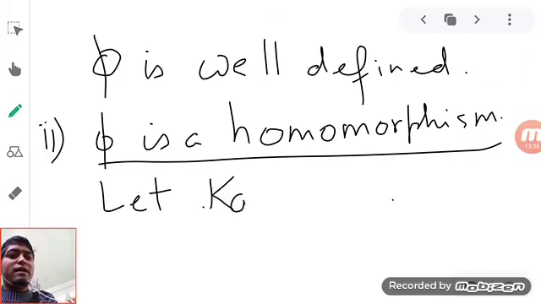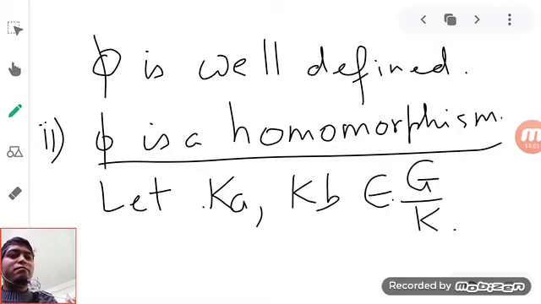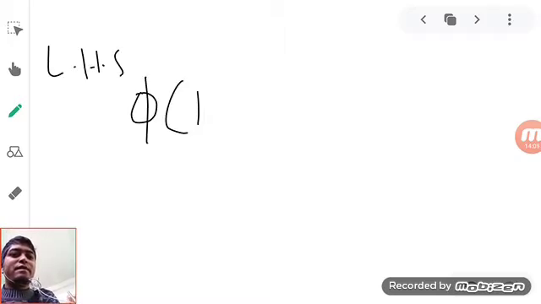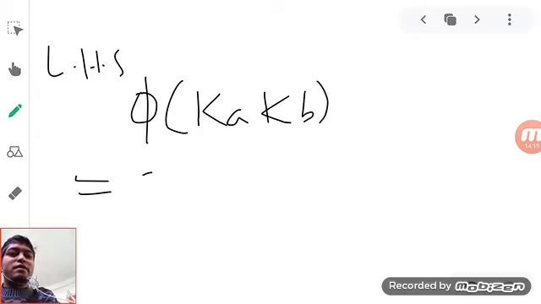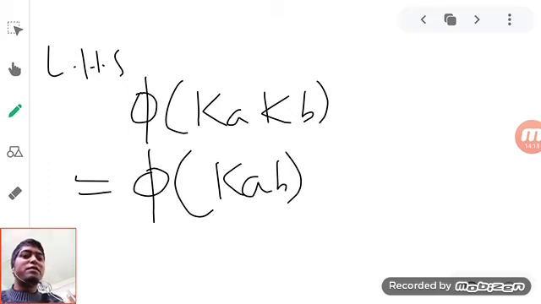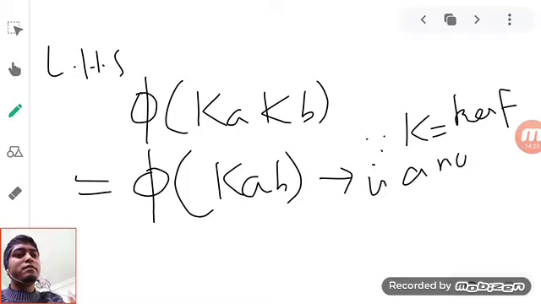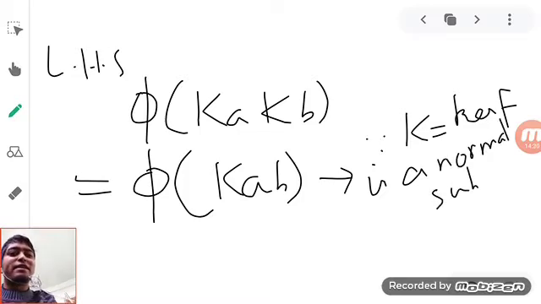Let Ka, Kb belong to G by K. We will find on the left hand side phi(Ka Kb). This one you can write down as phi(Kab). The reason for this is, since K is the kernel of f, kernel is a normal subgroup, so we can write it down like this.